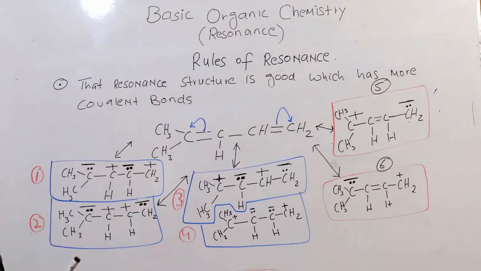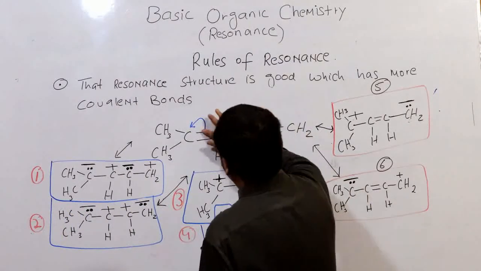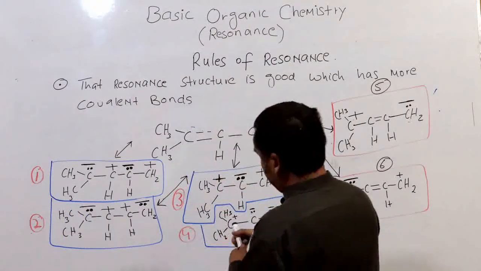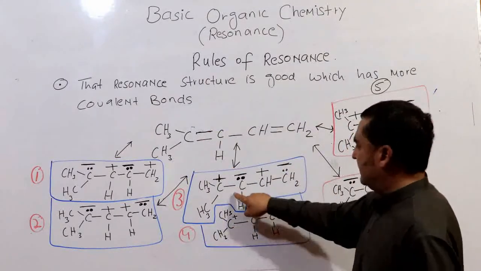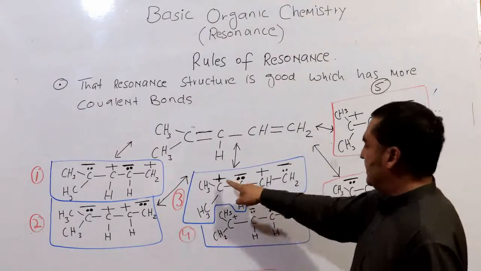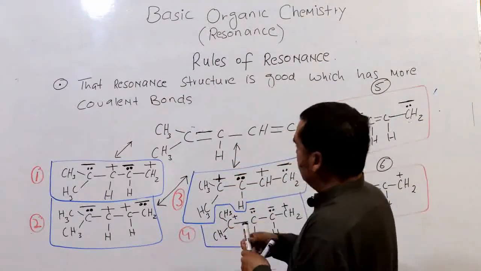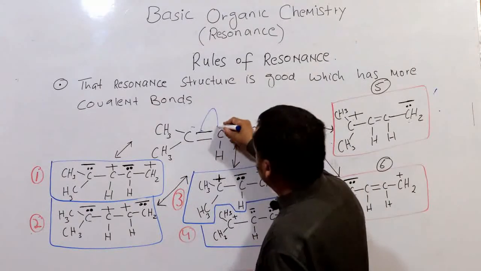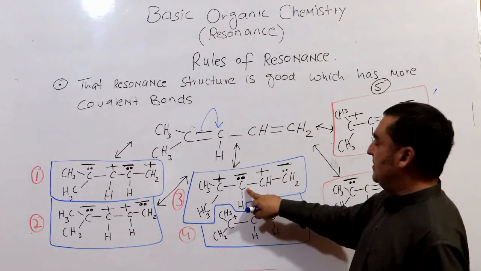It will become a positive carbon. Now let's move to the other structures. What about this structure? It seems that electrons have moved from this carbon. So suppose those electrons move from this carbon and sit on this. Here it will be a positive charge and here a negative.